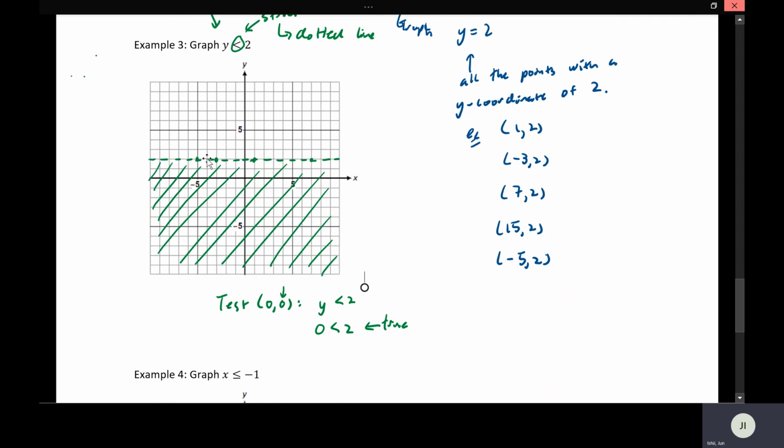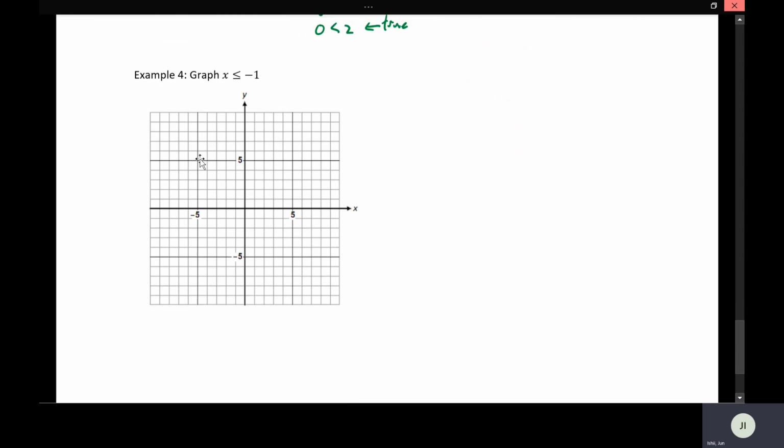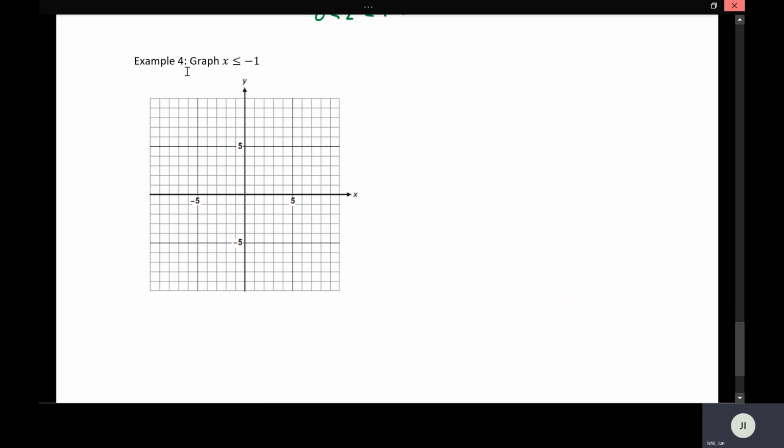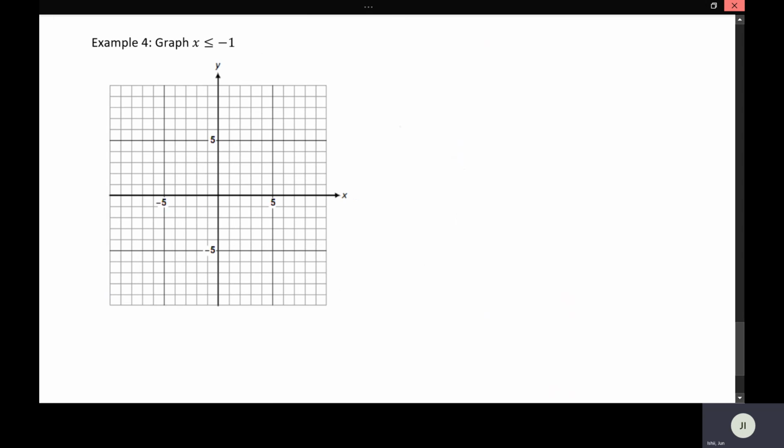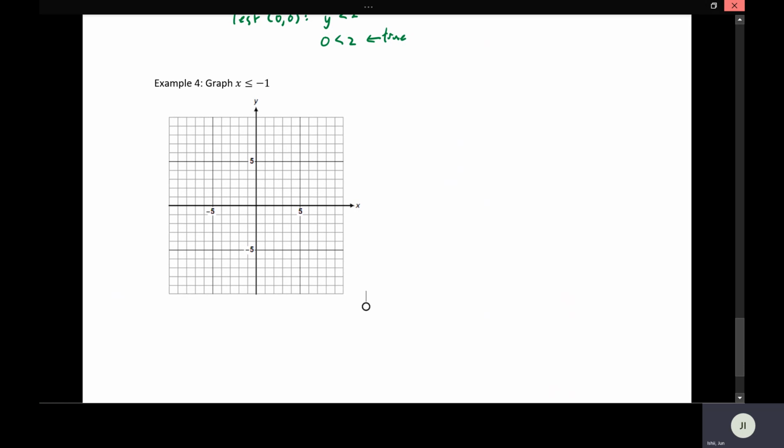All right, cool. And just a converse example here as the last one. This time instead of y, I have x, right? So instead, if it's x, we're going to draw in a vertical line at -1.